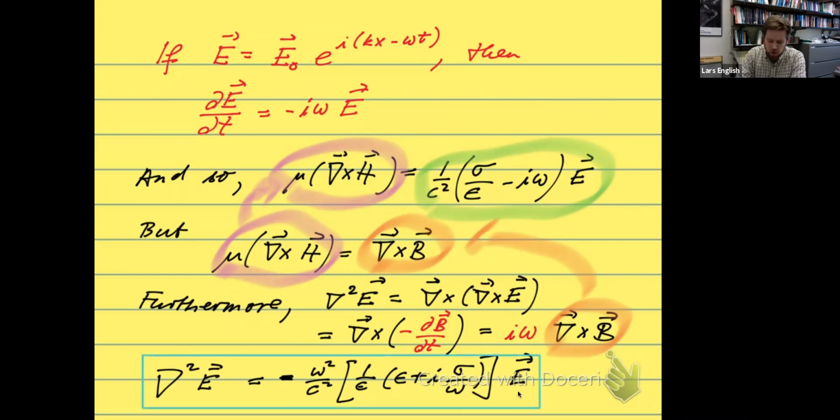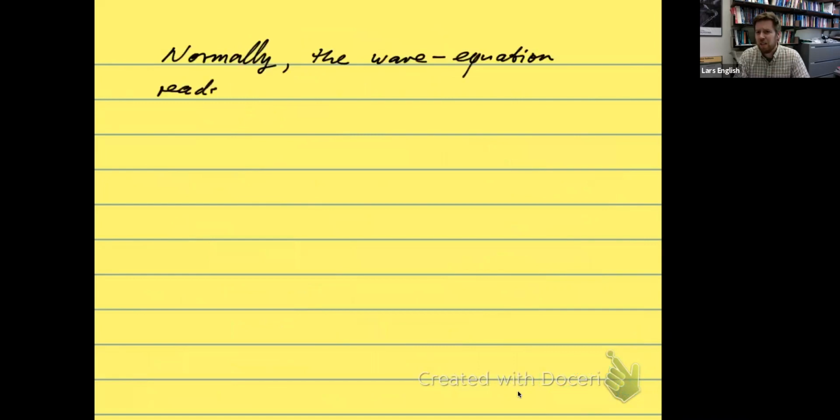Okay, and so that's an interesting formula because it is the wave equation. Okay, that is the wave equation. It's not the wave equation in the normal form that we see it, but I want to convince you that it is a kind of wave equation. Normally we see the wave equation written like this, right? The second derivative in space is related to the second partial derivative in time.